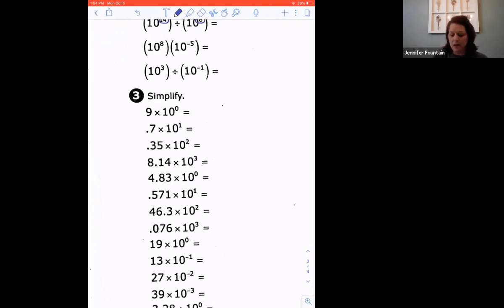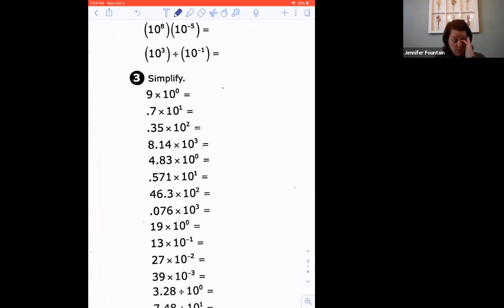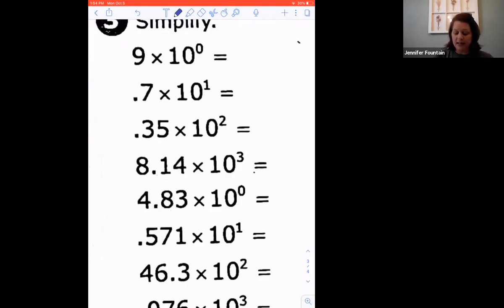And then remember, when I use my exponent to determine moving my decimal, here I've got 0.7 times 10 to the first. That means I would move it 1 place to the right. 0.35 times 10 to the second, move it 2 places to the right. 8.14 times 10 to the third, move it 1, 2, 3 places to the right.